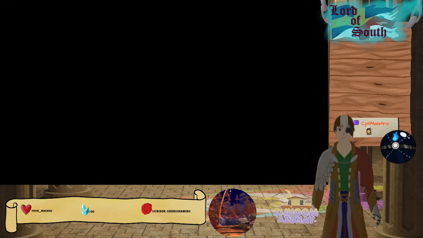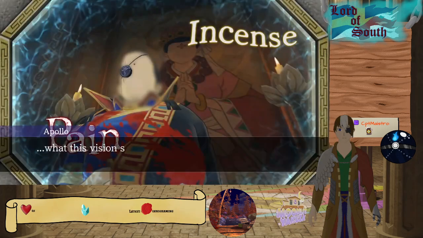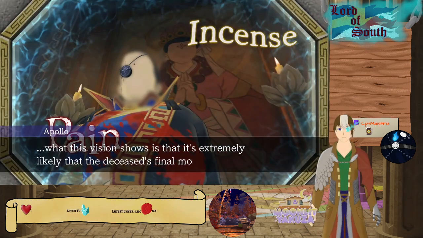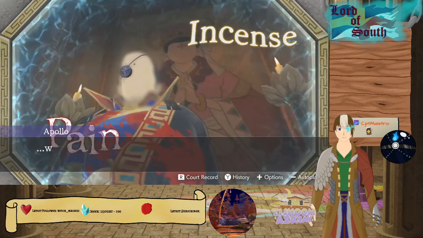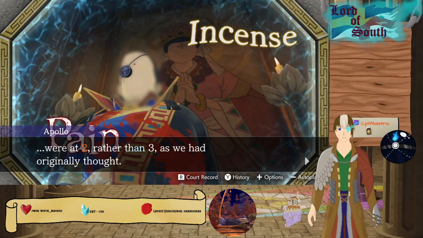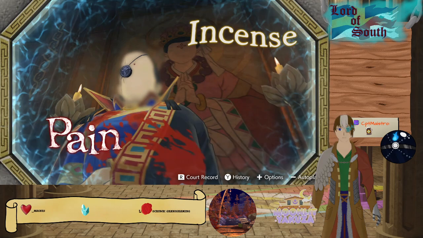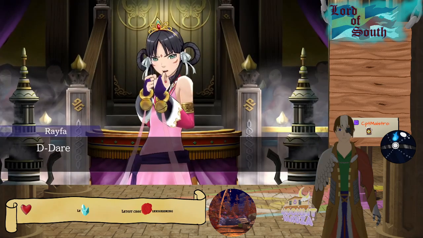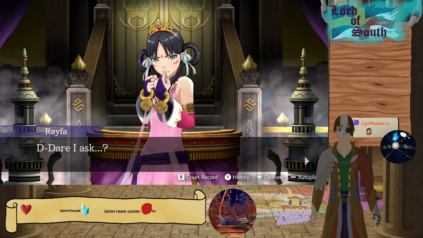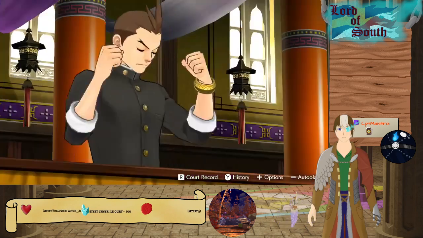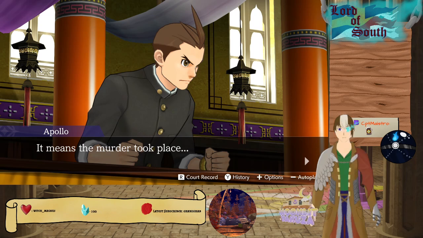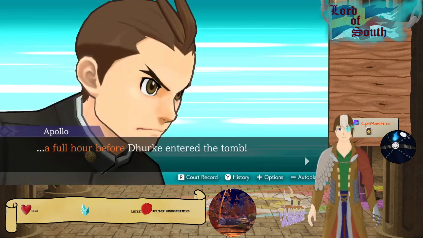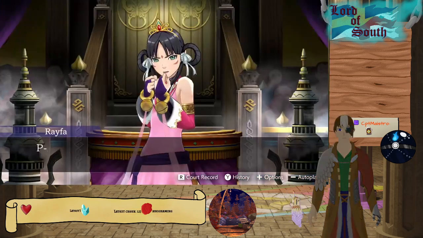Therefore, what this vision shows is that it's extremely likely that the deceased's final moments were at 2 rather than 3, as we had originally thought. Dare I ask? It means the murder took place a full hour before the Rook entered the tomb.